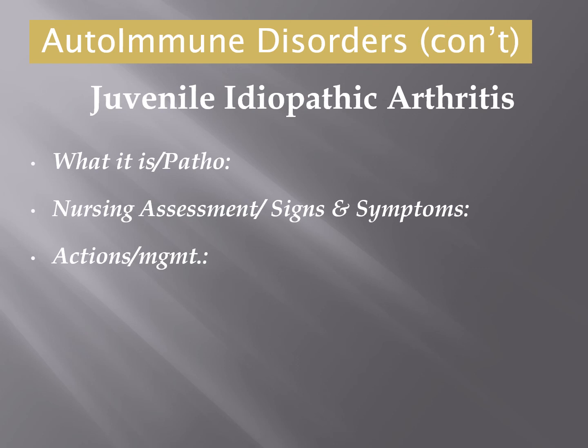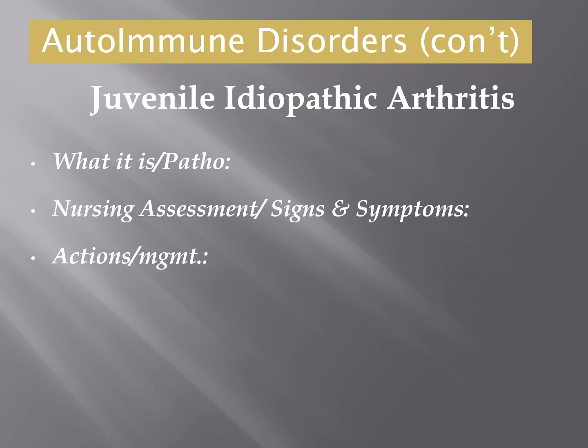They're often going to have lymphadenopathy, and they rapidly progress to a disfiguring type of joint involvement. They could have fever, rash, splenic enlargement, liver enlargement, severe anemia.